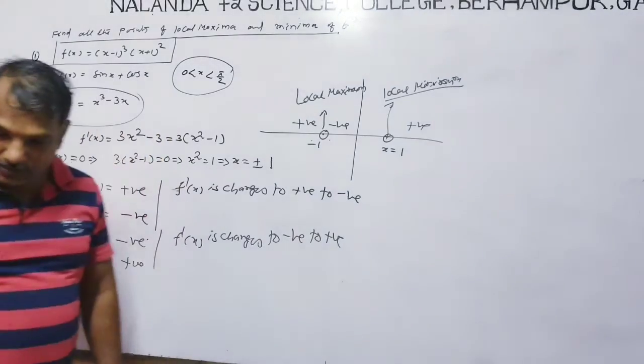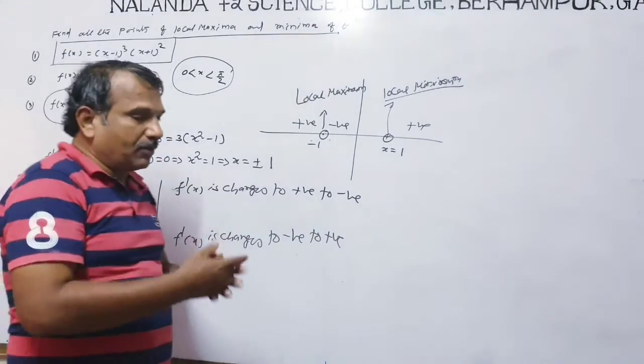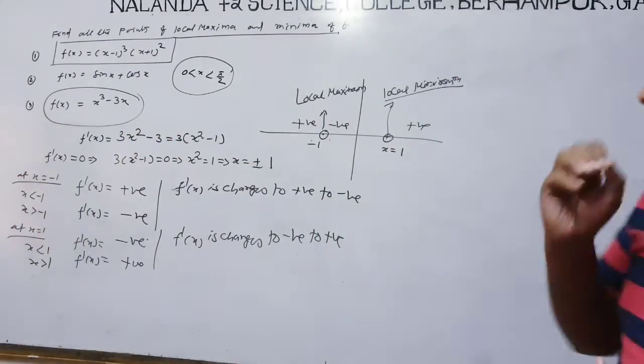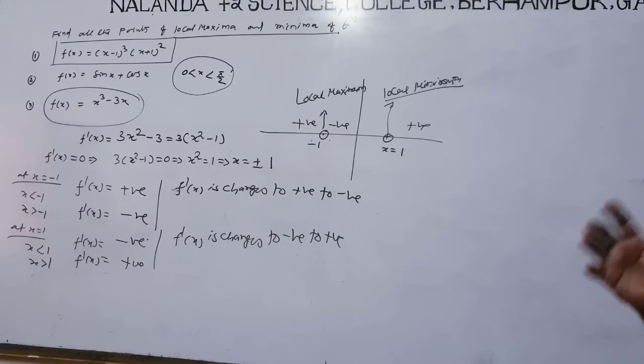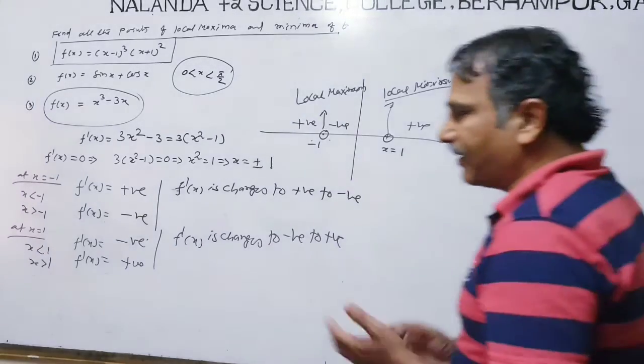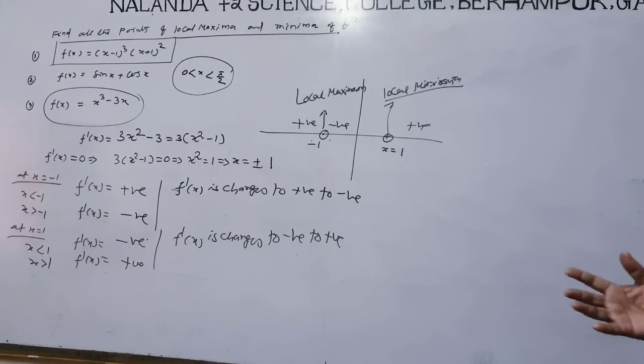This is very important for plus 2 exam. One question is compulsory for 4 marks. Now a function is given. What is the algorithm? First, find f dash x. Second, put f dash x equal to 0 and find x, which is known as a critical point, that is C1, C2, C3.